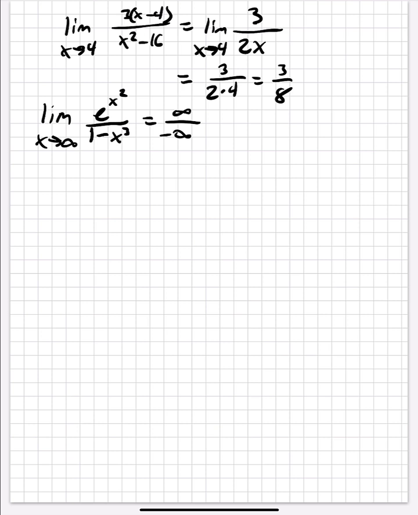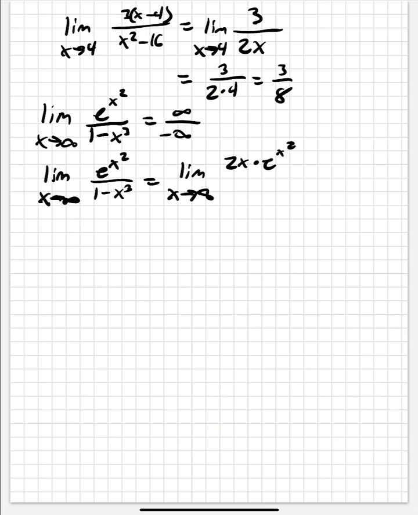All right, so then L'Hopital's rule says that I'll take the derivative of the top and the bottom. So we have e to the x squared over 1 minus x cubed. Using the chain rule, the derivative of the top is 2x times e to the x squared, right?